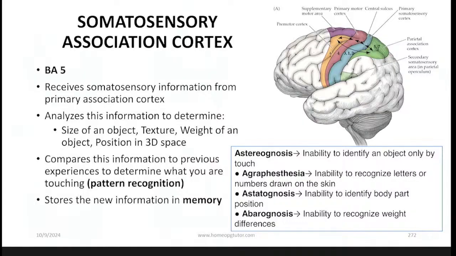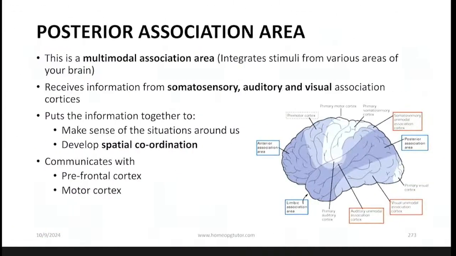So please remember. Next one, we are talking about the posterior association area. This one is basically a multimodal association area. Basically, it integrates stimuli from various areas of your brain. It receives information from somatosensory area, auditory, and visual association cortexes also. So what they are going to do? They are going to take all the information.